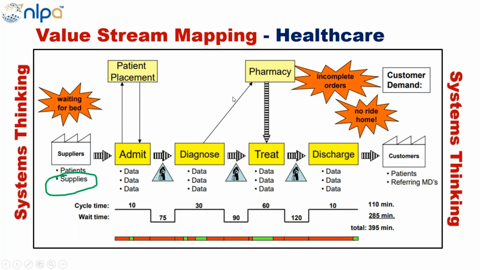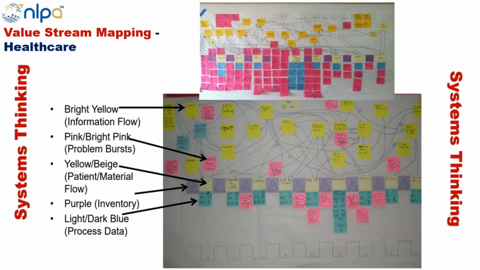So this could be considered a very poor quality service. Again, the value stream map is a very good and robust tool that we could use to look for opportunities where we could improve quality.